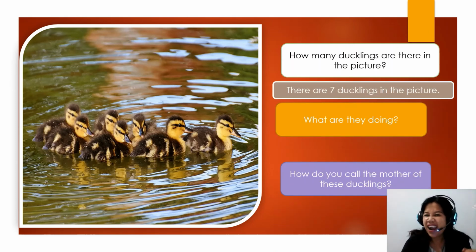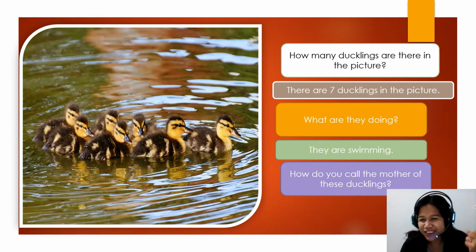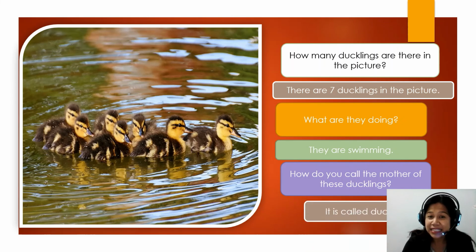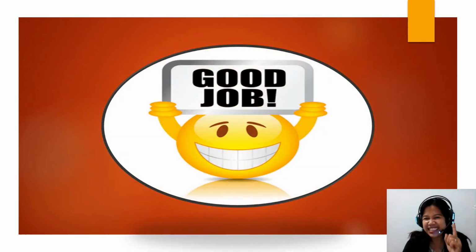There are 7 ducklings in the picture. Wow! What are they doing? They are swimming. All right! Now, how do you call the mother of these ducklings? It is called duck. Amazing sentences! You impressed me. Okay, and that is a very good job.